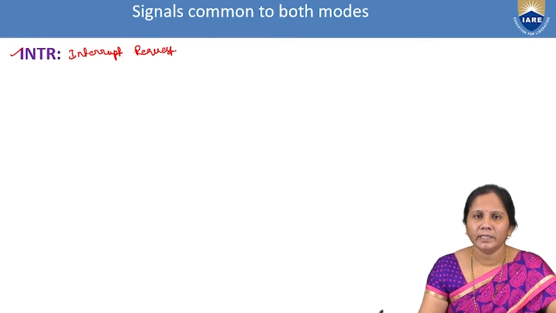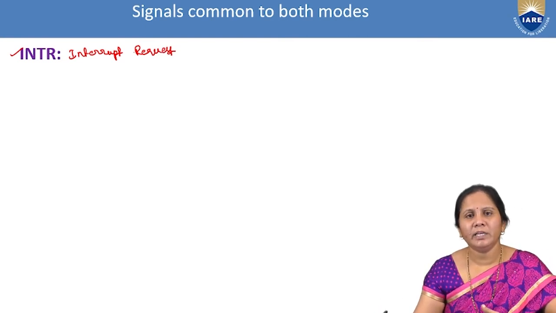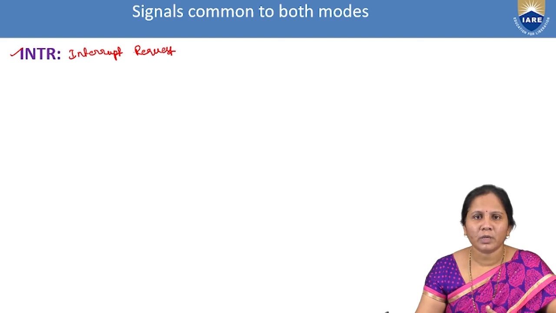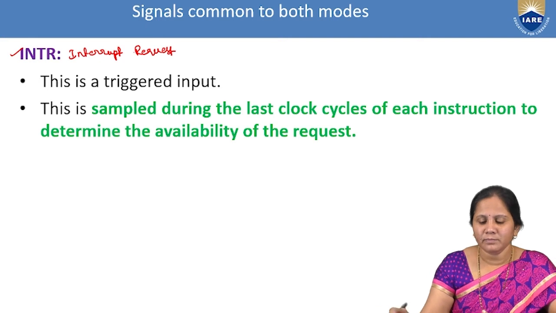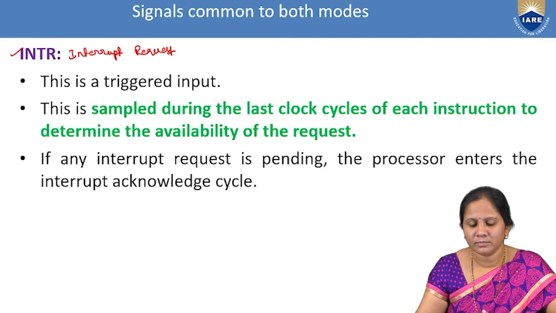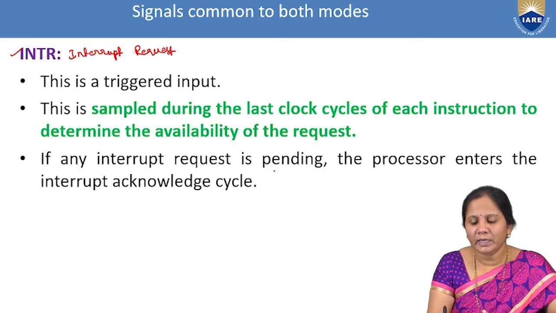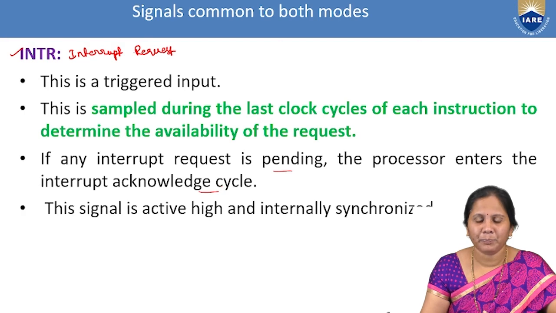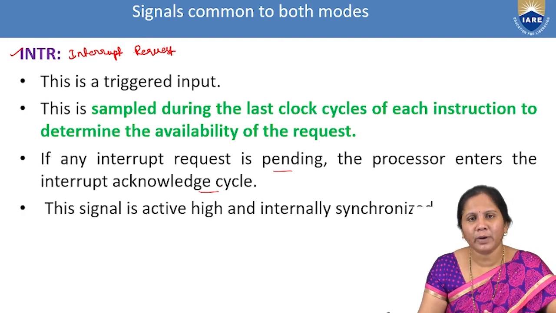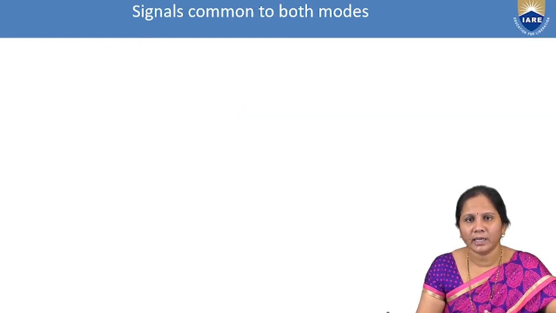If any device wants to request the 8086 microprocessor for its service, it will request the microprocessor through this interrupt request only. If any interrupt request is pending, the microprocessor enters the interrupt acknowledgement cycle. This signal is active high and internally synchronized.